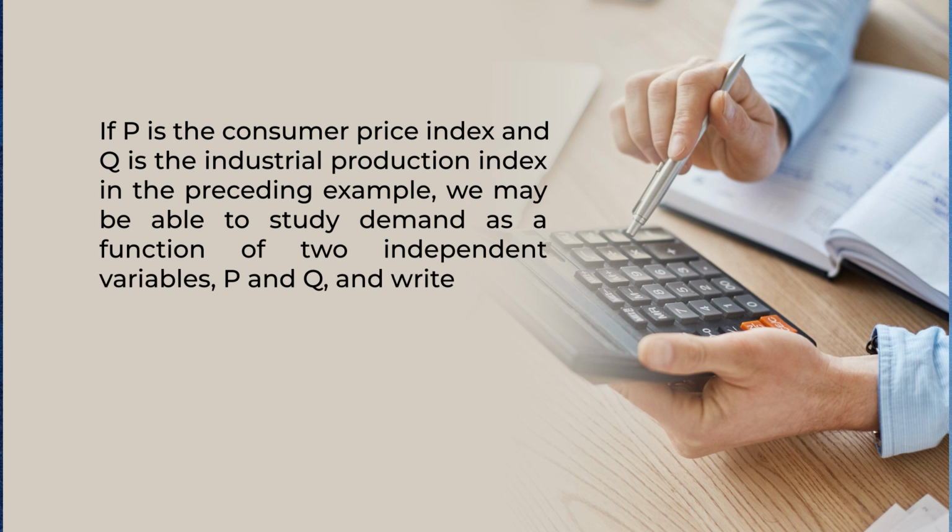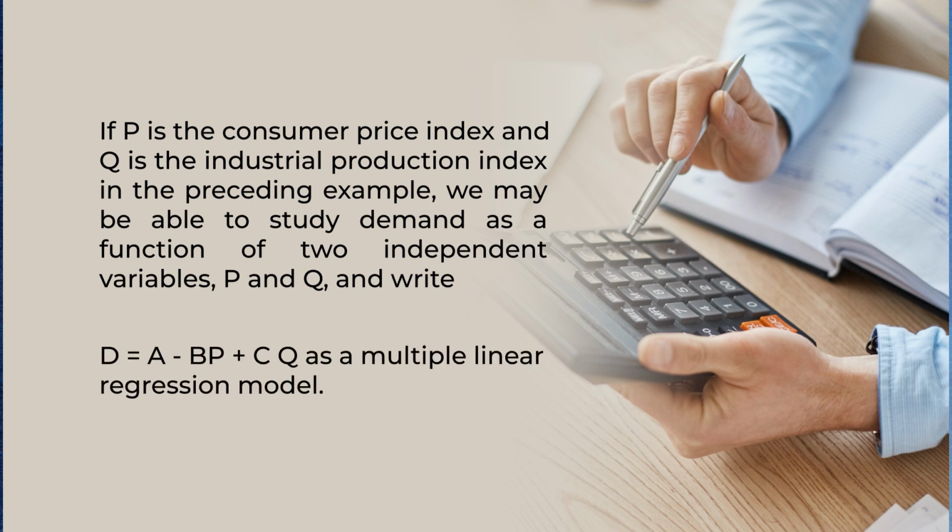If P is the consumer price index and Q is the industrial production index in percentage, then in the preceding example, we may study demand as a function of two independent variables P and Q, and we can write the equation as D = A - BP + CQ as a multiple regression model.